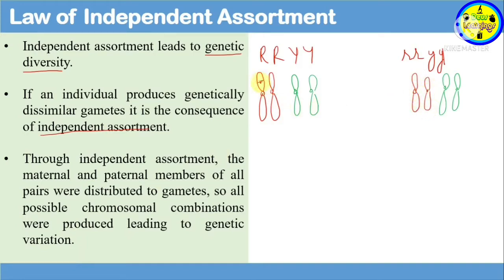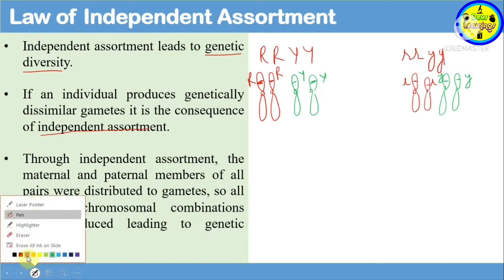Here is capital R and capital R, and here is small r and small r. Similarly, it's yellow and yellow, and here it's green and green.